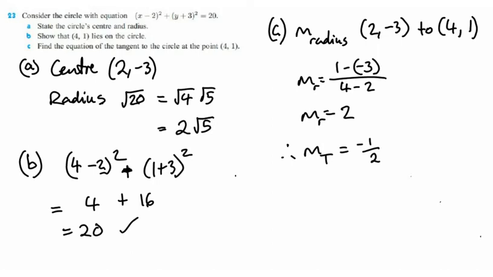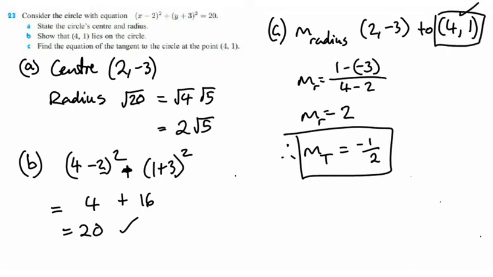Almost there. I now know the gradient of a line and one of the points on the line, (4, 1), so I can use my gradient point form to find the equation of the line. Give ourselves a bit more room again.